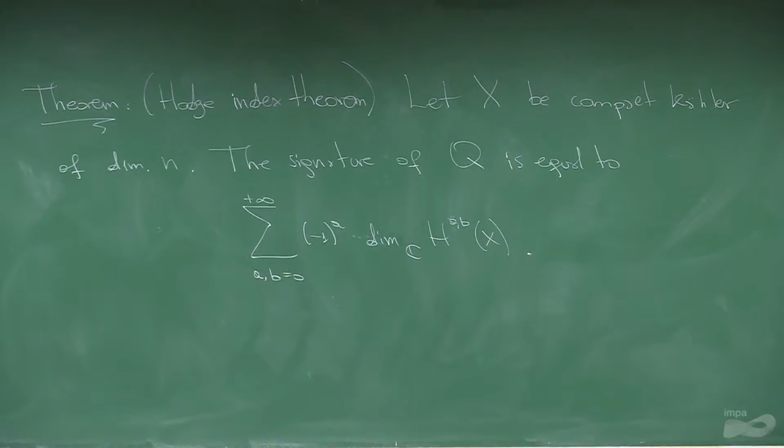So, I mean, the signature of Q will be equal to the signature of the Hermitian form i^k h_k.